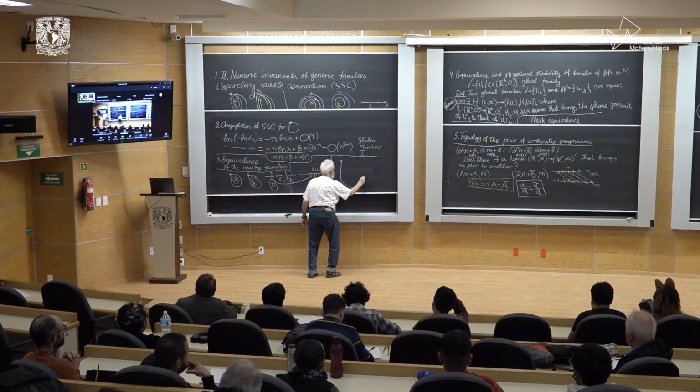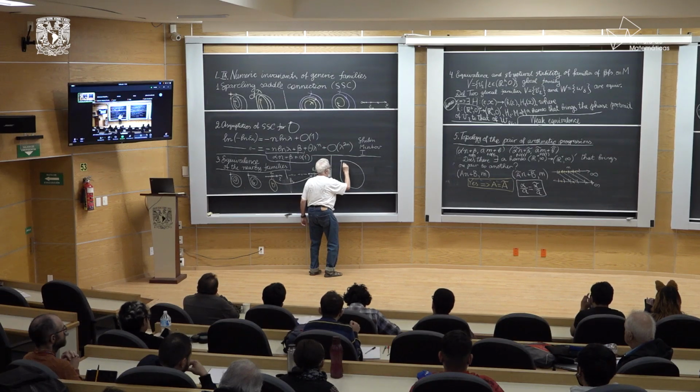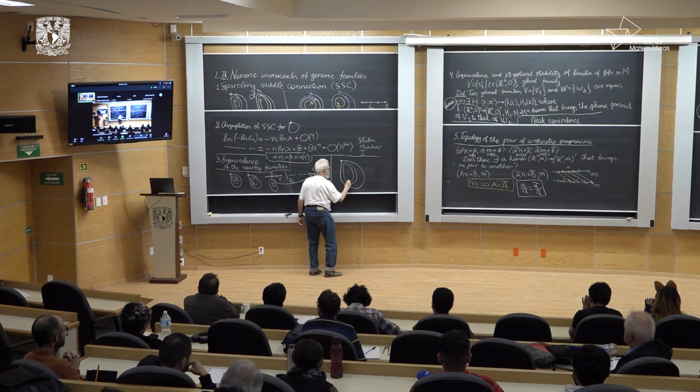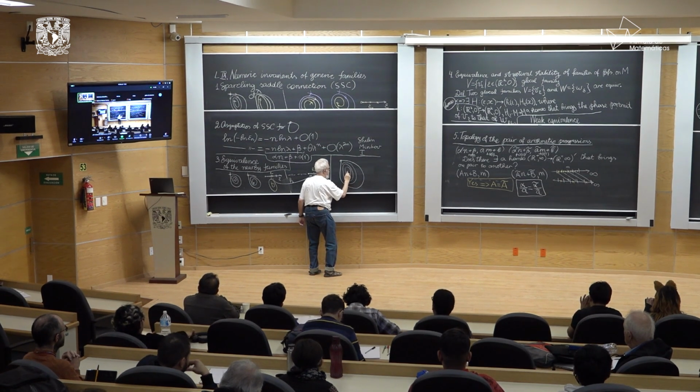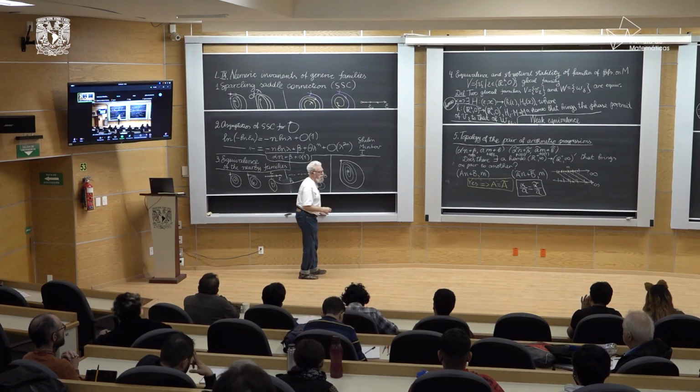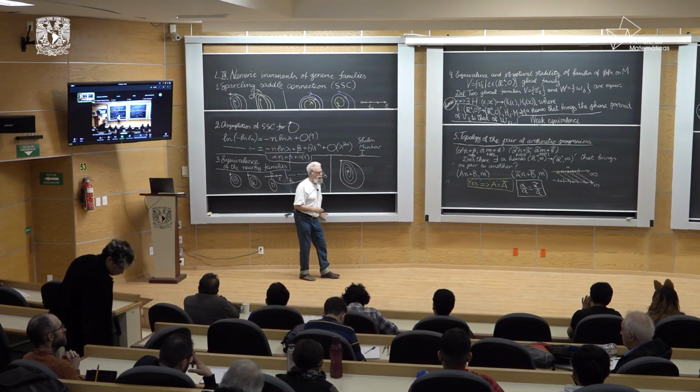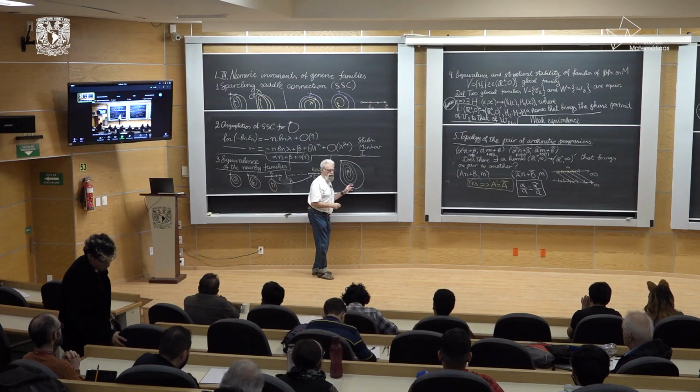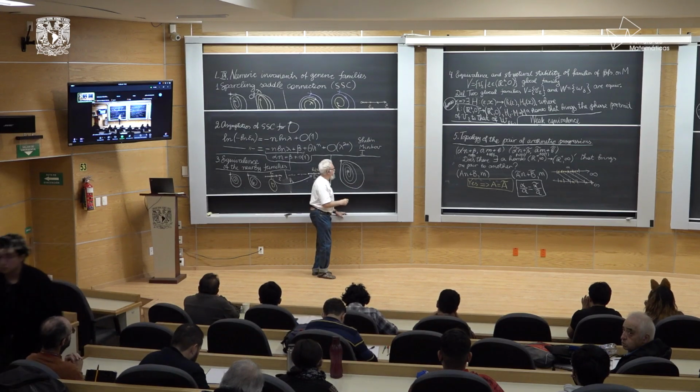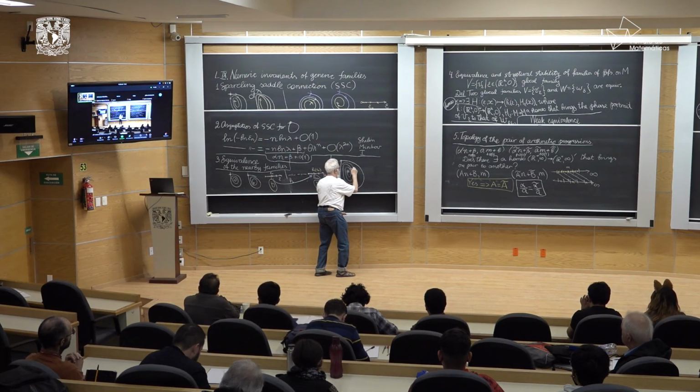So this is a separatrix loop, and you may have just an attracting fixed point, and everything winds towards it.